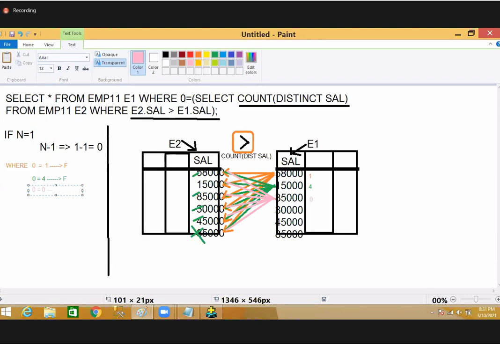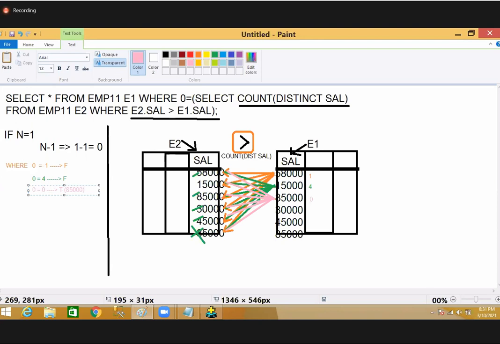Condition is true, yes. On which value is the condition true? Very good, 85,000. At 85,000 your condition is true. That means the 85,000 value is returned. Condition true at the 85,000 value, so that 85,000 value returns.